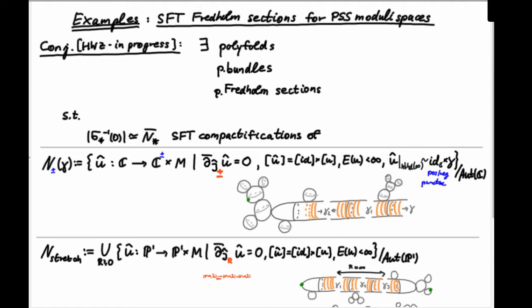Here that sits in, I want to write this as n bar plus minus, which is a union over different periodic orbits. So there are different connected components depending on what that last gamma is.